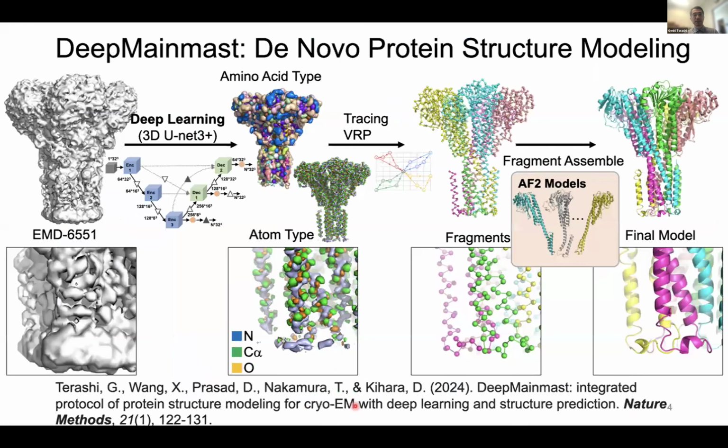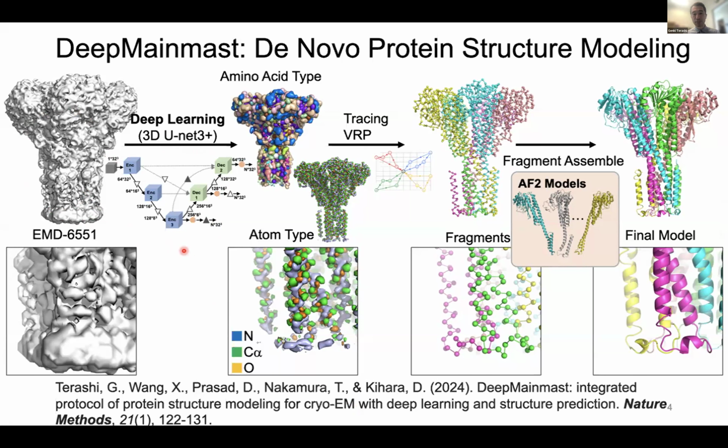First, I will briefly show the DeepMainMast server and algorithm. As the professor explained, DeepMainMast is a de novo protein structure modeling tool. Suppose you have a density map. DeepMainMast uses a deep learning method, 3D U-Net, to identify the amino acid type and atom positions.